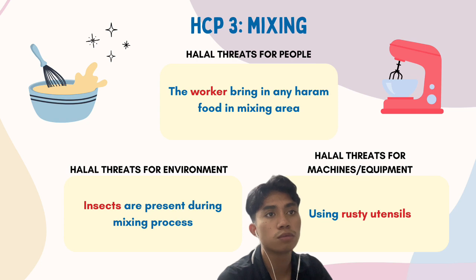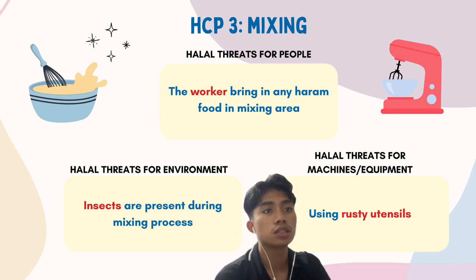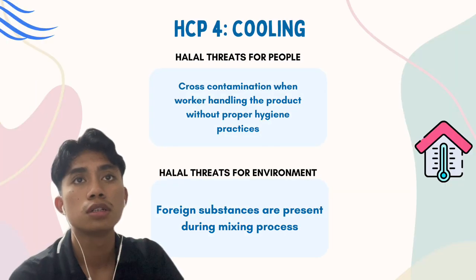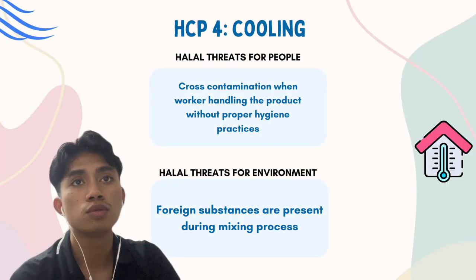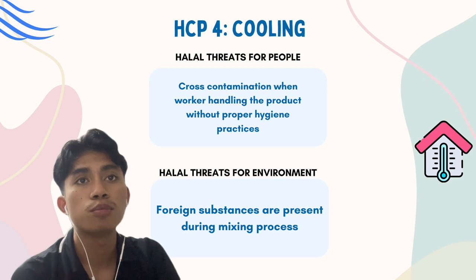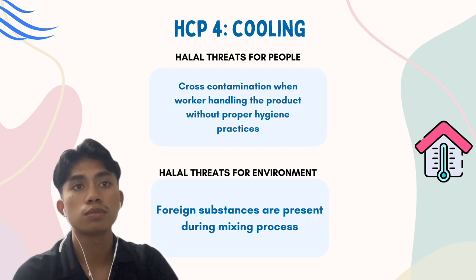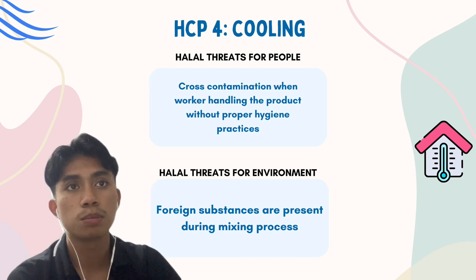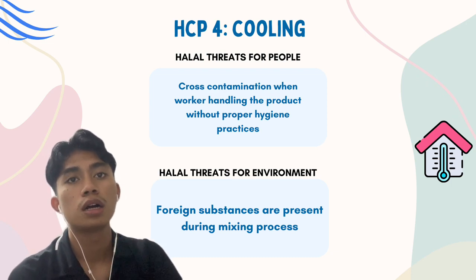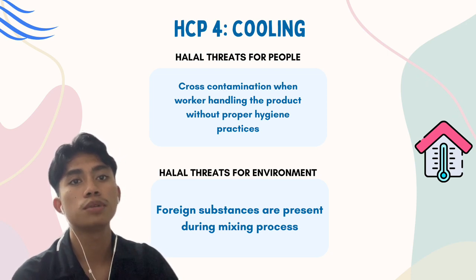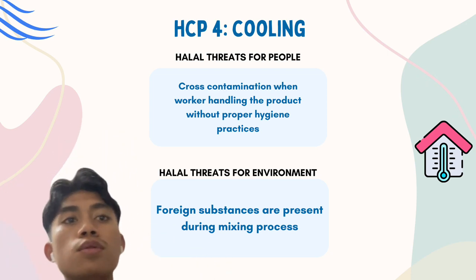Lastly, halal threats for machines, using rusty utensils. So HCP4 is cooling. Halal threats for people cause contamination when workers handle the product without proper hygiene practice. Other than that, halal threats for environment, foreign substances are present during the process.